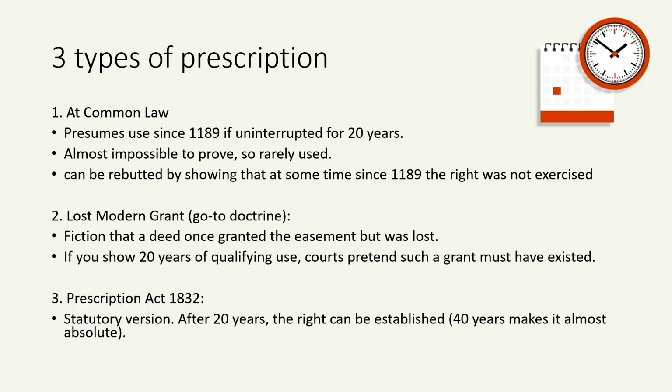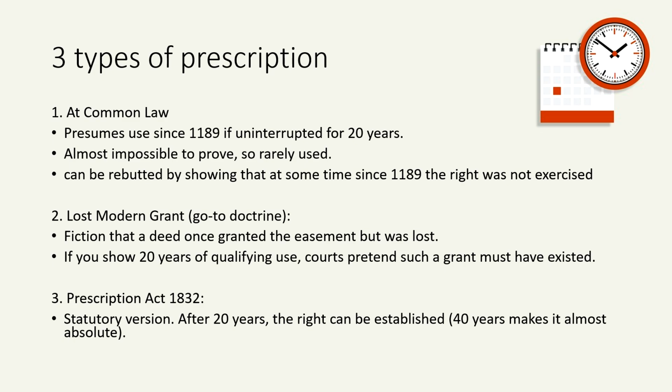We have at common law a presumption that if a certain right has been there since what we call time immemorial, so since 1189, then this will automatically be lifted, upgraded into an easement. Now, obviously, this is a really, really long time that in theory we would have to show since 1189.